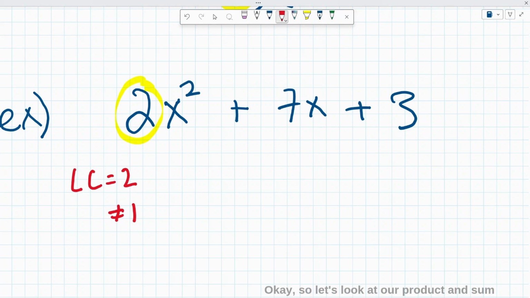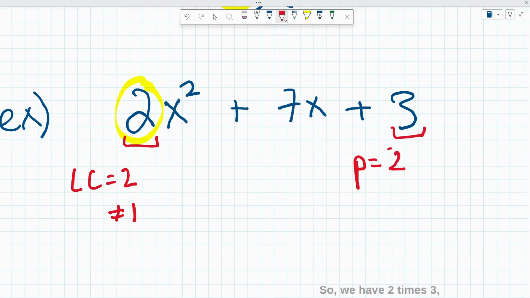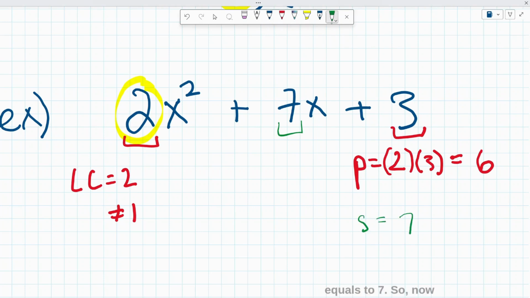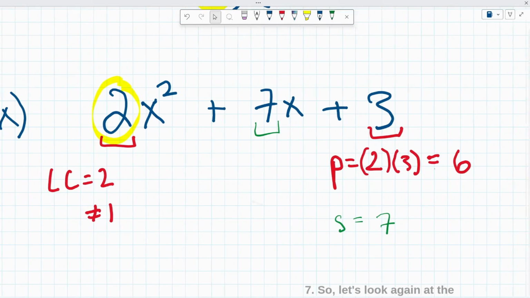Okay, so let's look at our product and sum rules. Our product here is 2 times 3, which equals 6. And our sum value equals 7. So now we have to do the same exercise we did previously, and we need to look for two numbers which multiply to 6 and add to 7.